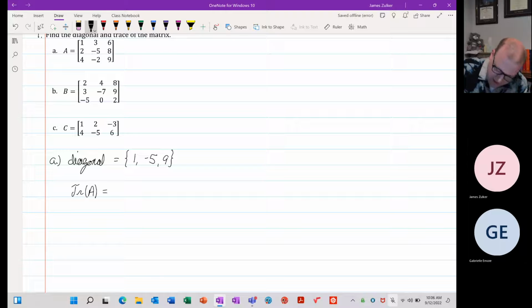The trace of A is the sum of those, so it's 1 plus -5 plus 9. 1 plus -5 is -4, and -4 plus 9 is 5. So the trace of A is 5.